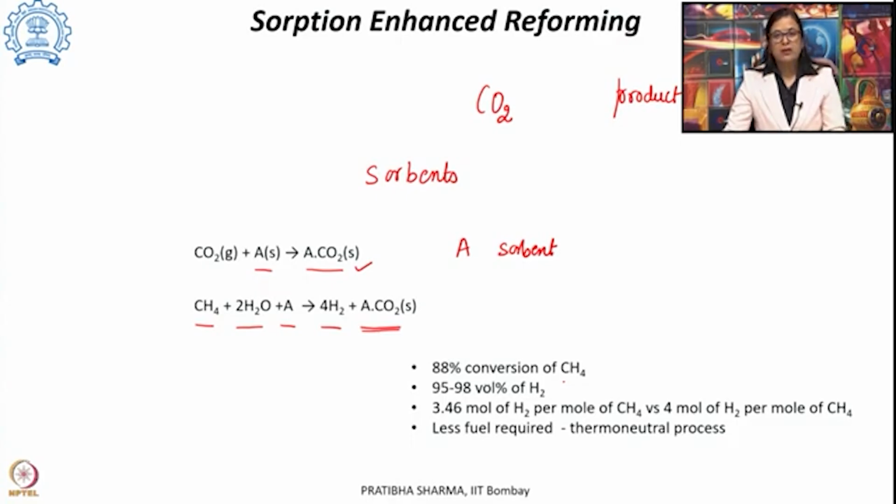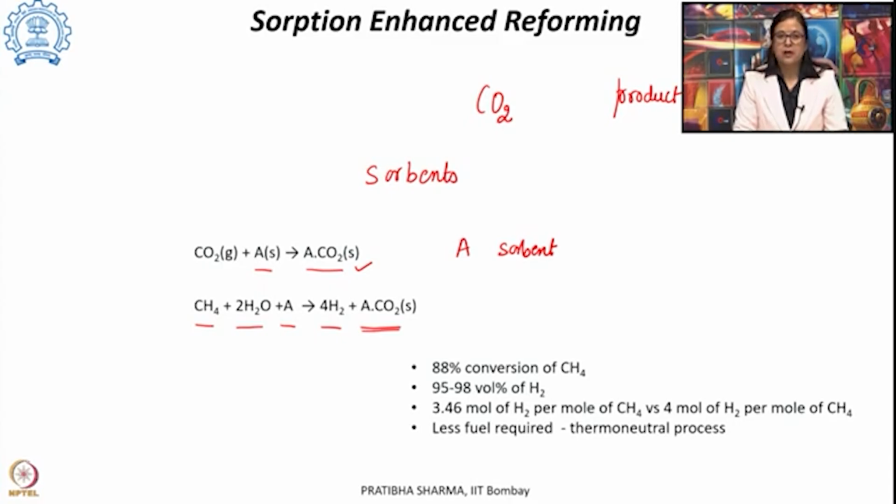If we compare it with the traditional steam reforming process, about 3.46 mole of hydrogen is produced per mole of methane consumed, as against 4 mole of hydrogen per mole of methane produced. Now, we will also see that in the sorption enhanced reforming process less fuel is required.